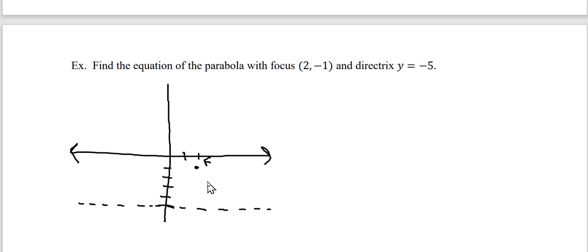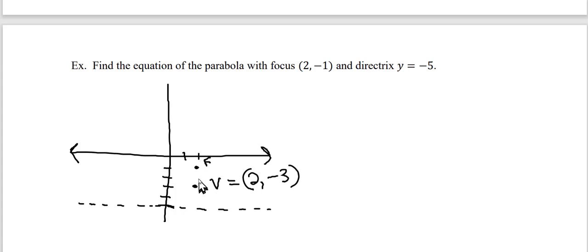One thing to remember is that the vertex is equidistant. The vertex is a point on the parabola, so it has to be equidistant from the focus and the directrix. It has to be right in the middle of these two. If the focus has y value of -1 and the directrix is at y equals -5, the vertex has to be at 2, -3.